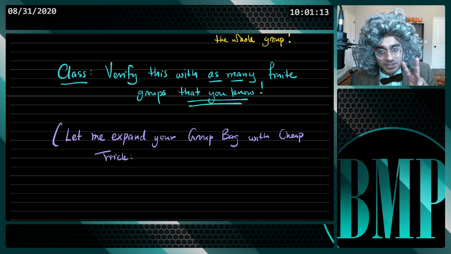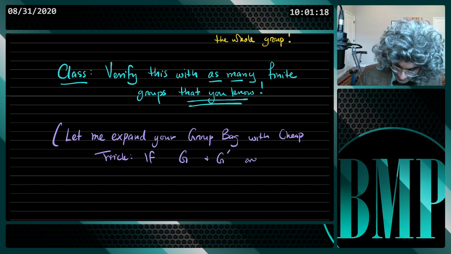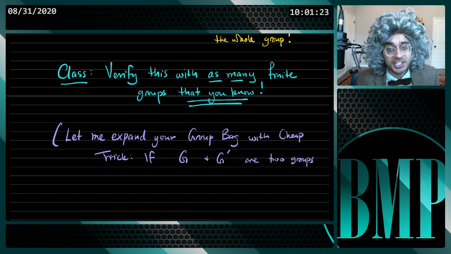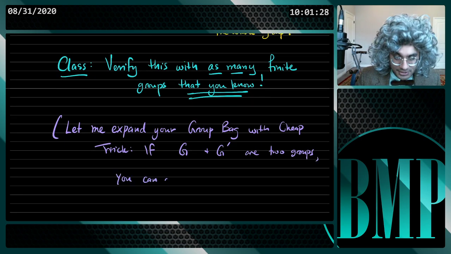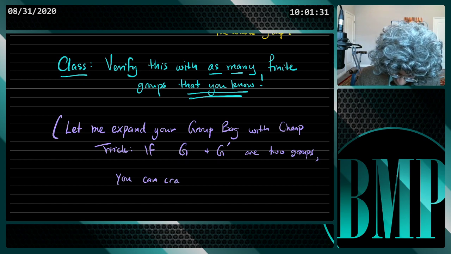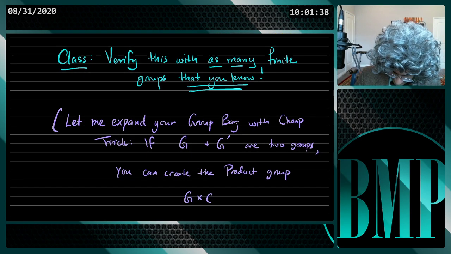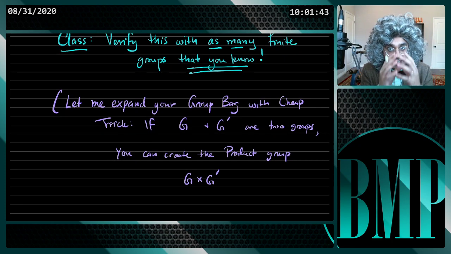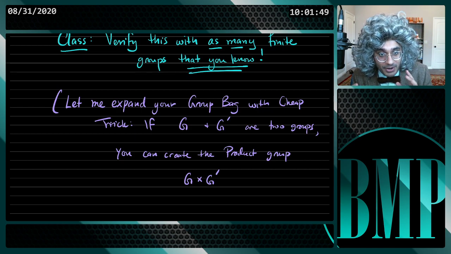If you have two groups, you can create a third group in a cheap way. It's called the product group. The underlying set is ordered pairs: an element of G, comma, an element of G prime.